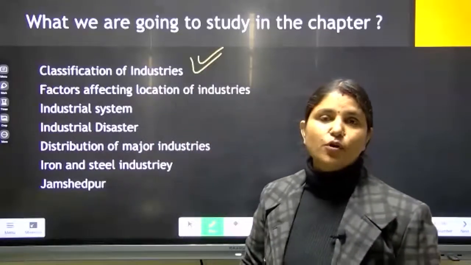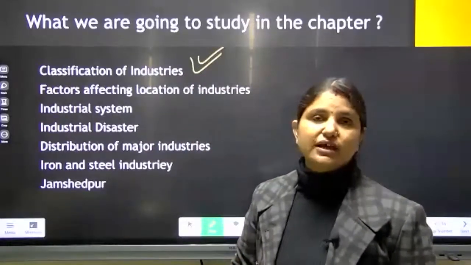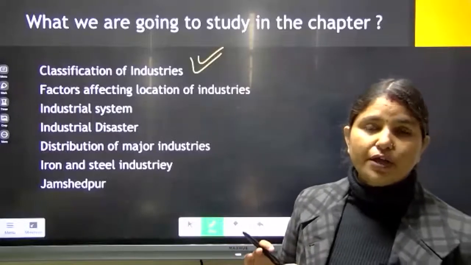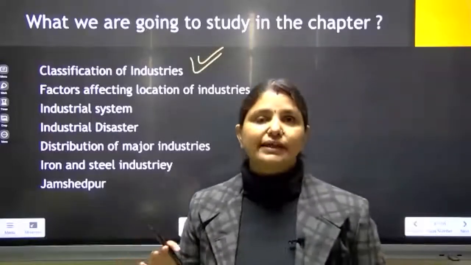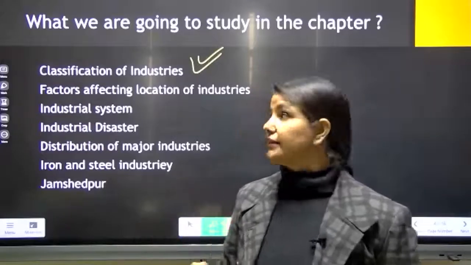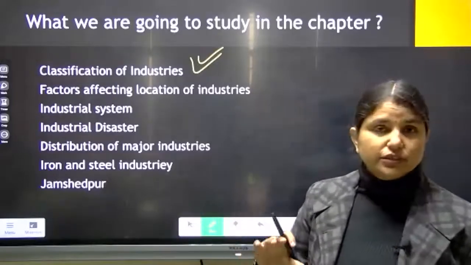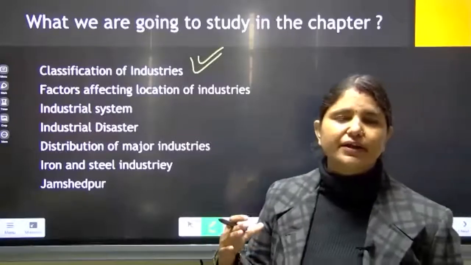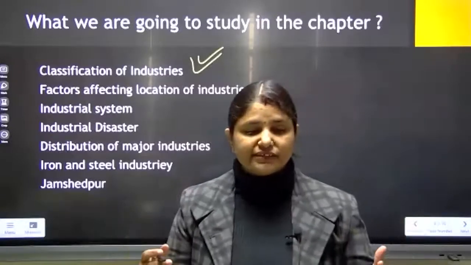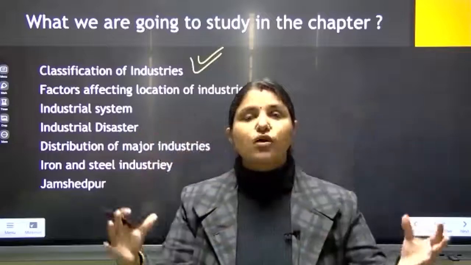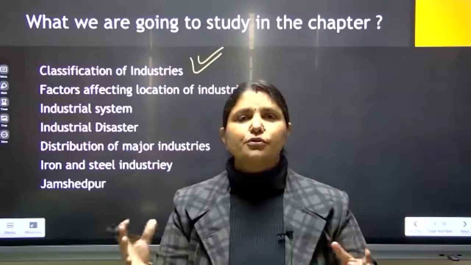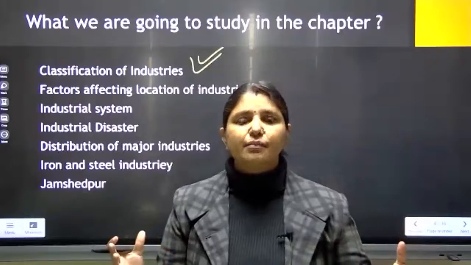Just like suppose many industries are there which are based on raw material, which are working for the raw material only. Many industries are there which are divided on the basis of their size. Like in many villages you see small workshops where they are preparing baskets, rope or other handicraft materials and all.